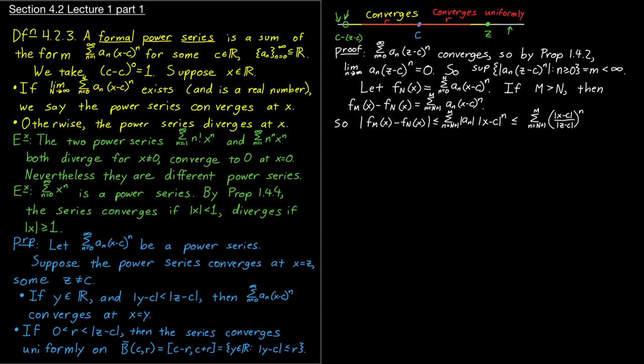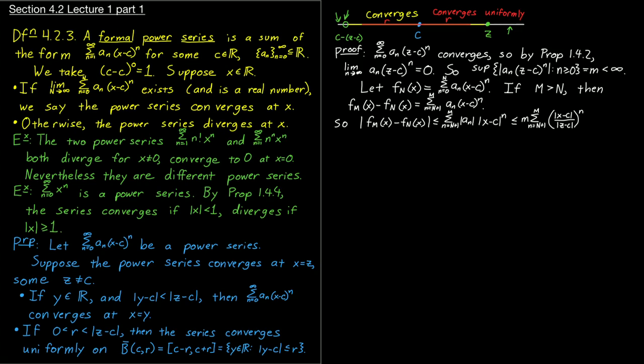And then we've got our little m, which we can put out front if we want. It's a constant. We can go ahead and move it out of the sum if we feel like. And then we've got a constant times a geometric series. And we know how to sum geometric series.